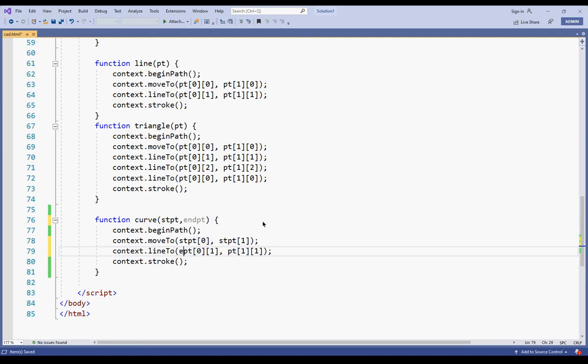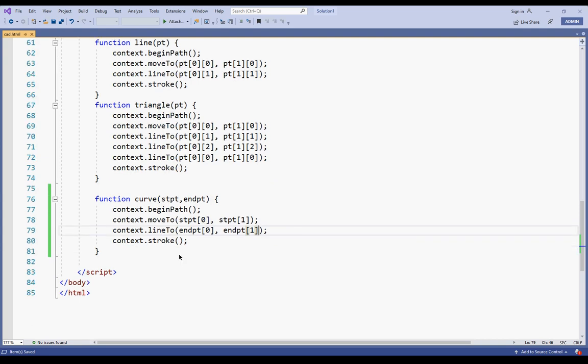Similarly for the end point, the first element is x and the second element is y. So in this way I'm going to do it. I call this a cur, which will help me to draw the cur on the screen.